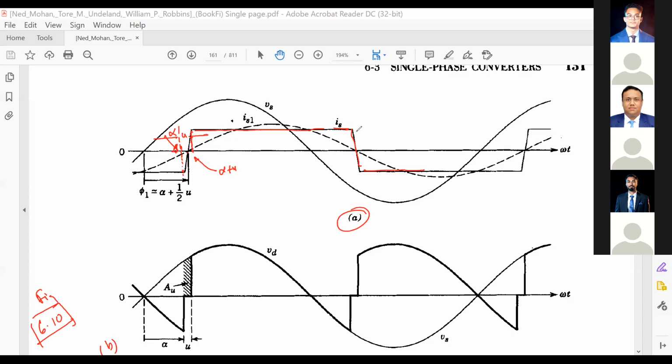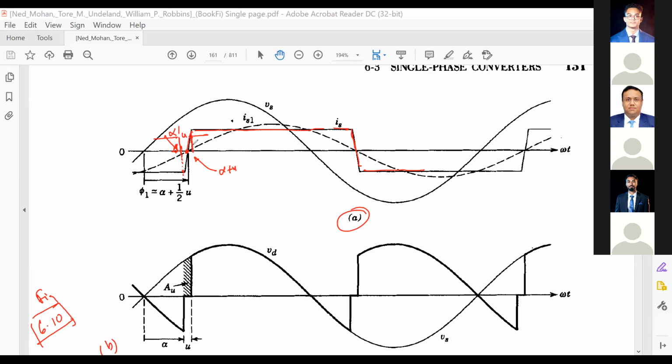Because it is more close to sinusoidal. And we also see that the zero crossing of this trapezoidal current is in between U and alpha plus U. That means U by 2, we can say that.